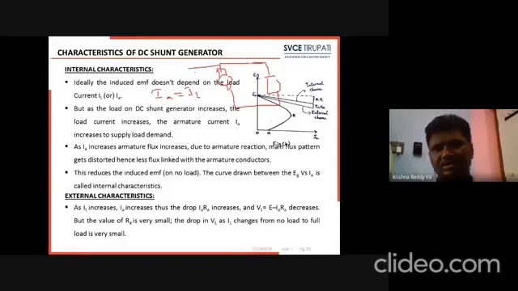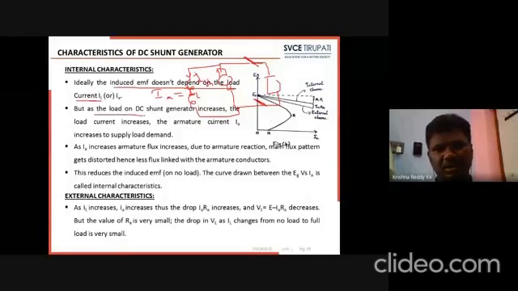But in this case, the shunt field winding is connected in parallel, carrying Ish. Before the switch is opened, ideally the induced EMF does not depend on the load current.